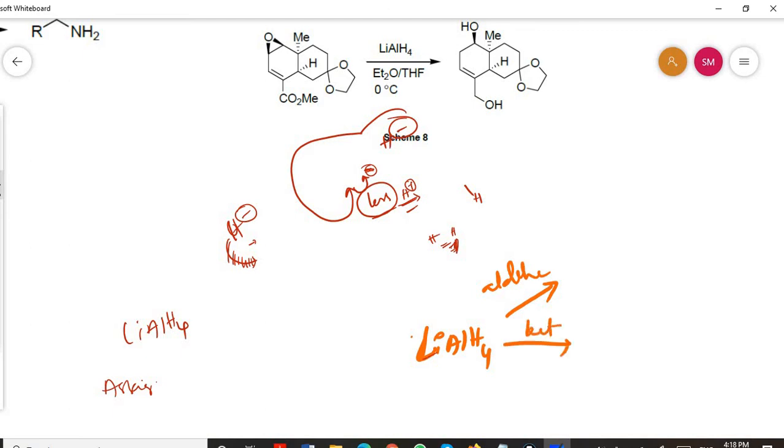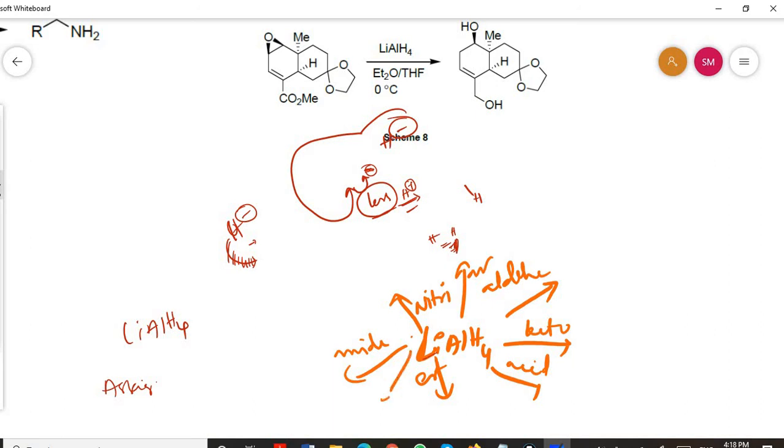If ketones, what happens? If acids, what happens? If esters, what happens? If amides, what happens? If nitriles, what happens? If azides, what happens? Okay. So send this chart through WhatsApp.